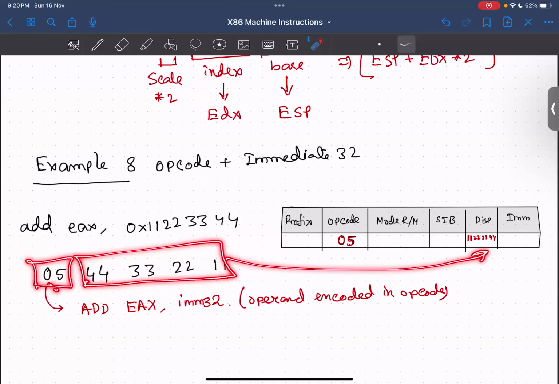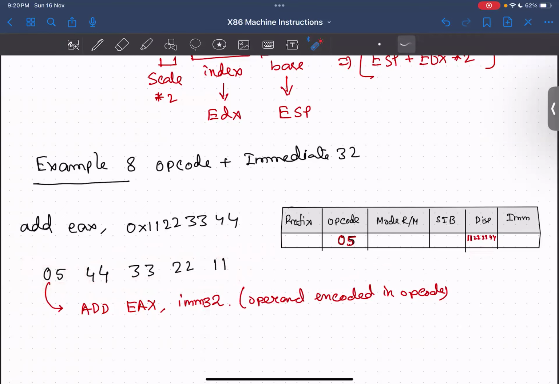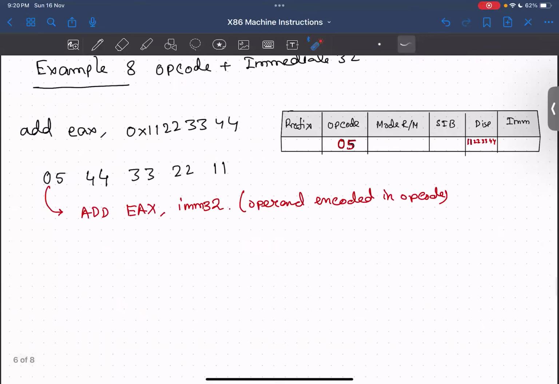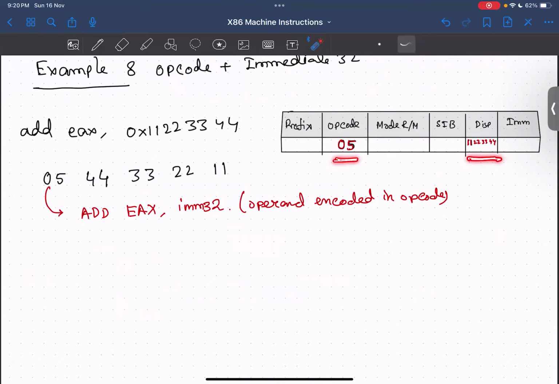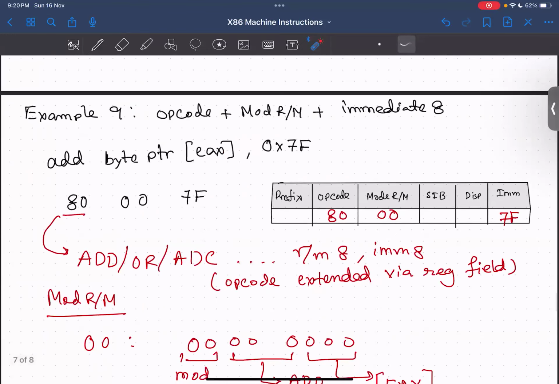This opcode tells you that you are supposed to utilize EAX. So this 05 tells you that it's an add instruction where you have the EAX register and it is adding with this immediate 32 value. So the immediate you already have, the opcode you know, and you just add it to EAX and store it back to EAX. The simple one.